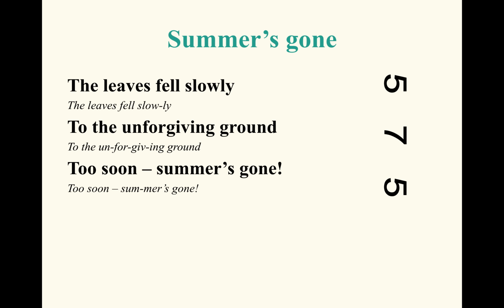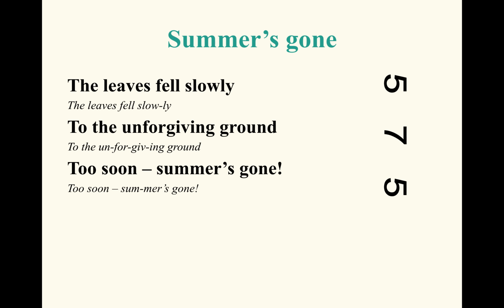So here's an example of a haiku called Summer's Gone. So here I'm going to clap, I'm going to read the poem and then I'm going to clap the syllables. The leaves fell slowly to the unforgiving ground. Too soon, summer's gone. Now I'm going to read it again, clapping the syllables. The leaves fell slowly to the unforgiving ground.